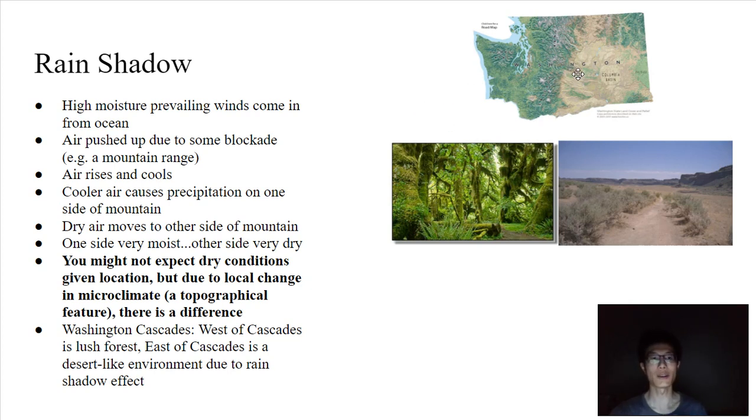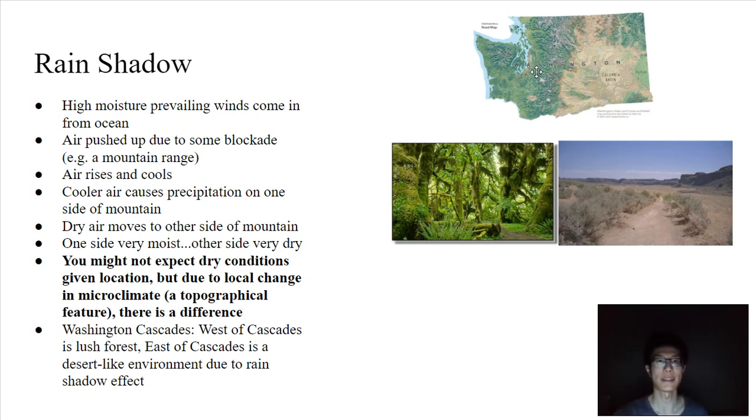The air rises and cools. The cooler air precipitates all over the western portion of the state of Washington, and then the dry air moves over to this plateau, and as a result, you can see a dramatic difference in the microclimates.